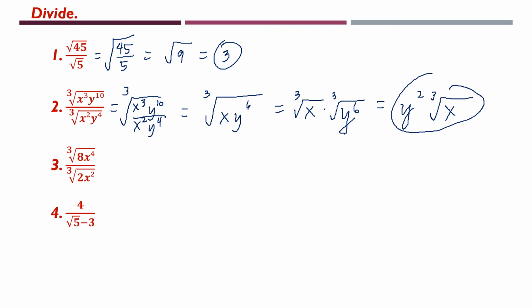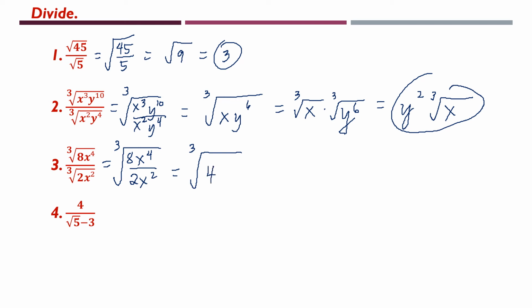Another example, cube root of 8x to the 4th power over cube root of 2x squared. This expression is the same as the cube root of 8x to the 4th power over 2x squared. Simplify or divide the radicands. 8 over 2 is 4.